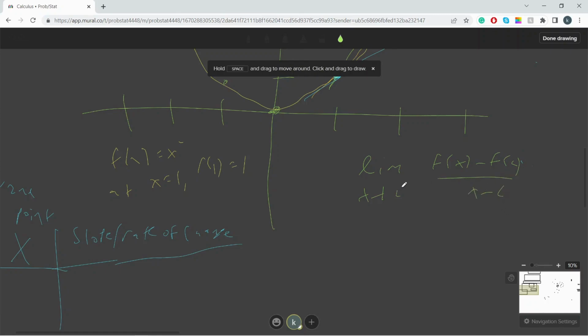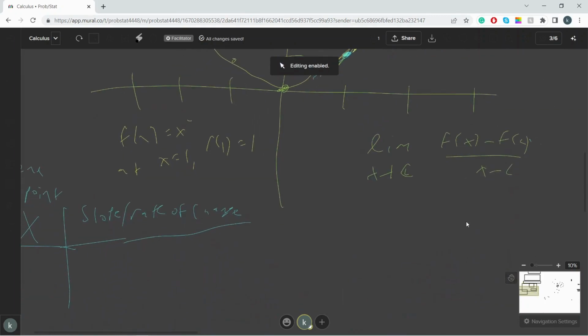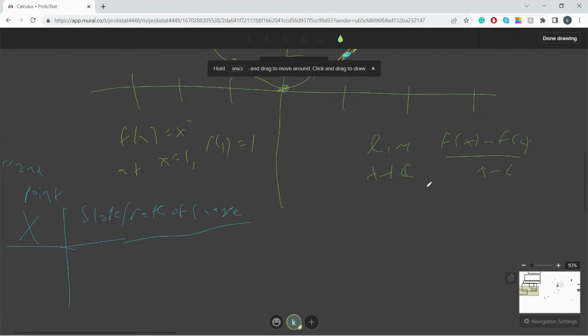In this case, since the blue point is at x equals 1, and our second point is going to approach 1, c is going to be 1. So this limit statement for our purposes boils down to the limit as x approaches 1 of f of x minus f of 1 over x minus 1. And we know f of 1 is going to be 1.